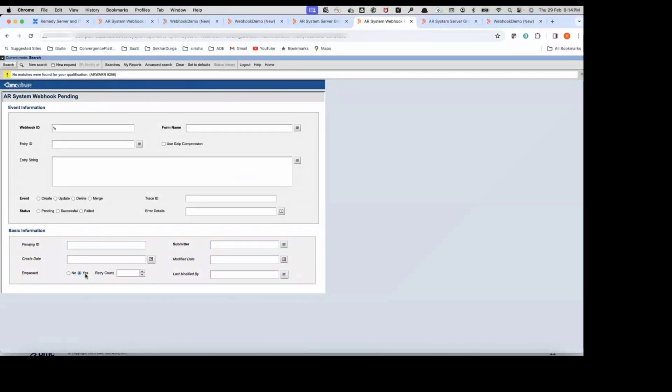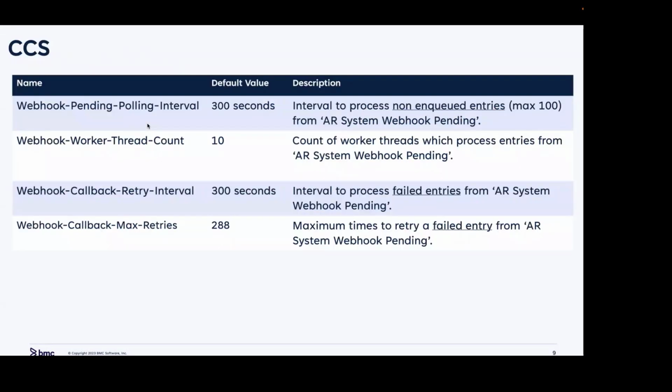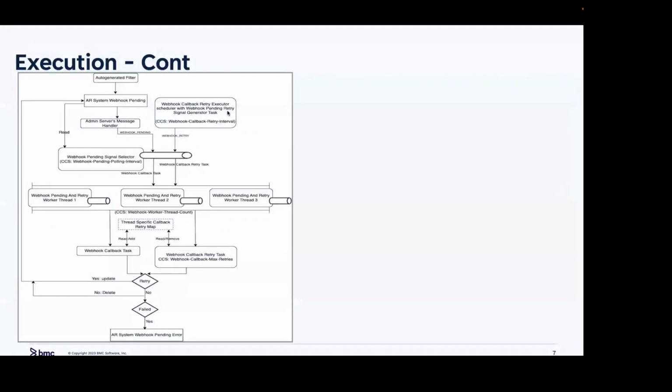What is the case? If it is not enqueued, probably we'll have to decrease that interval from 300 seconds to something lower. We'll have to configure this to some lower value so that this selector thread will go and read the pending entries frequently.